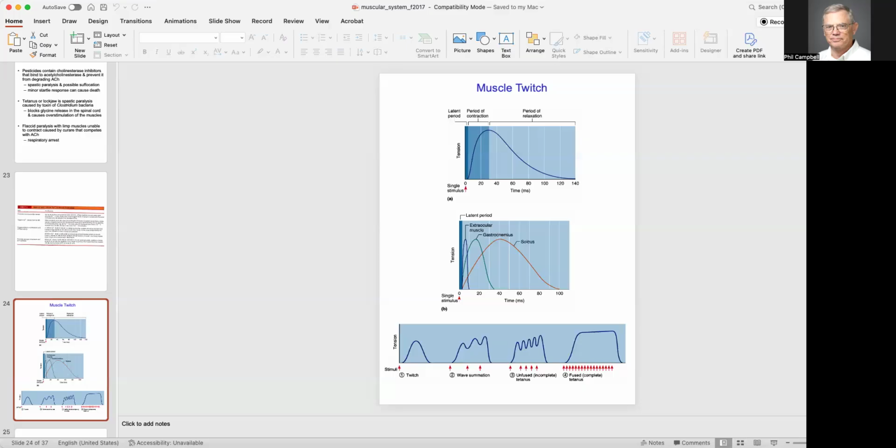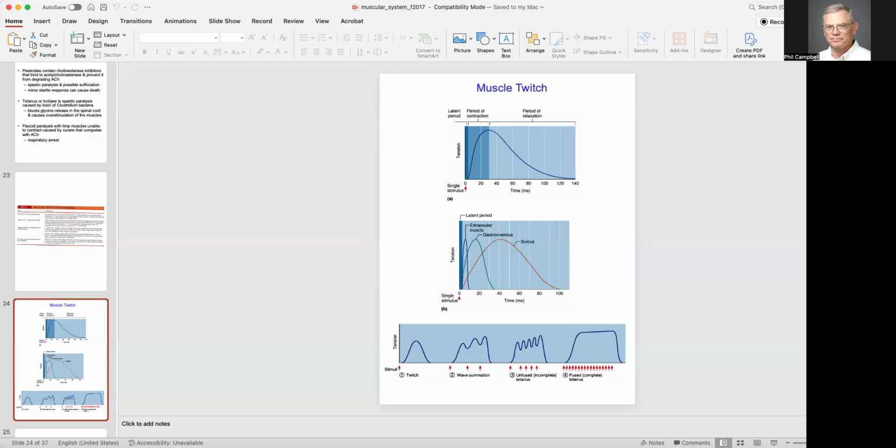We have our muscle group and we're going to stimulate it. We're going to give a single electrical signal stimulus. We're going to get a single muscle twitch, right? Now what I want to do is increase the frequency of stimulation here. And what that means is I'm going up with my contraction, and I'm starting to come down before I go all the way back down to a relaxed state.